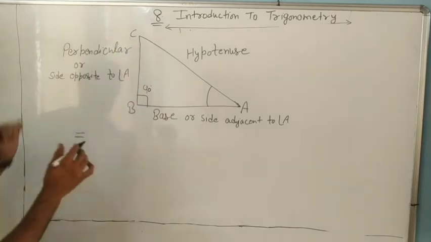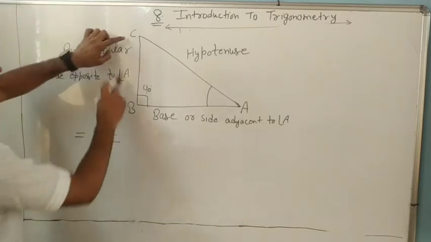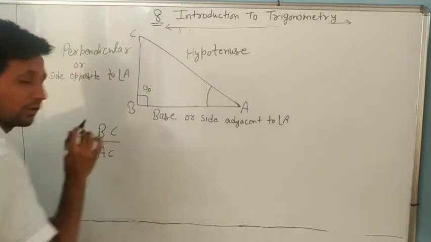Suppose I am taking BC divided by AC. Is it a ratio or not? Tell me.